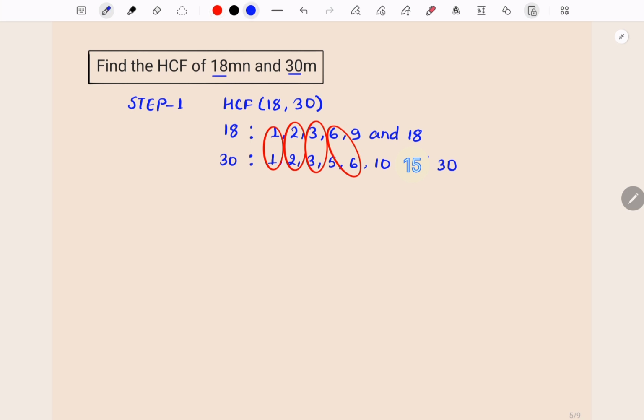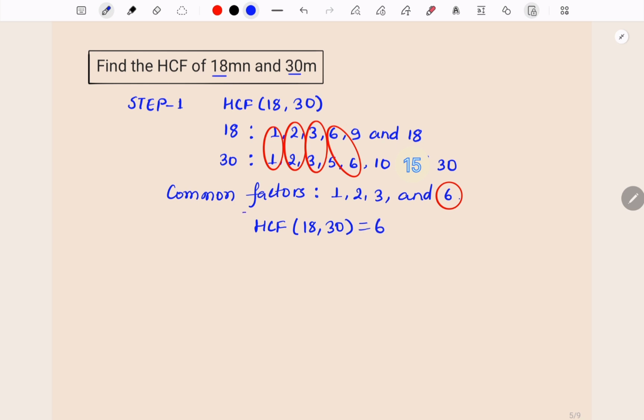Let me write down the common factors first. Common factors are 1, 2, 3, and 6, right? Here we can see that the highest common factor is 6. So clearly the HCF of 18 and 30 will be 6.